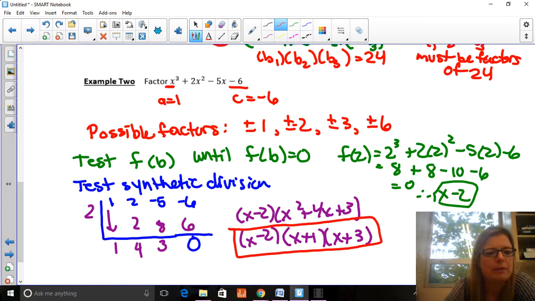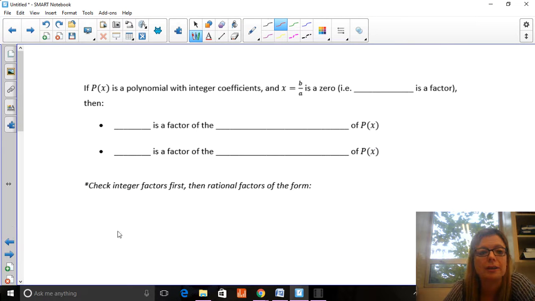The big bummer in all of this is that you have to do trial and error. But it's smart trial and error. There are only certain things that you want to try.